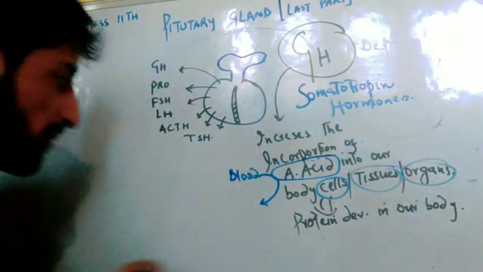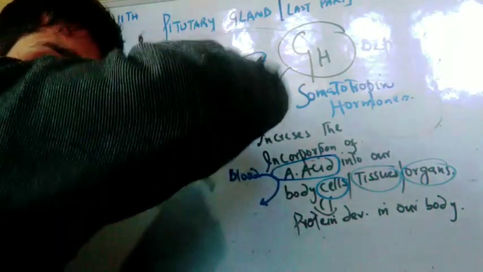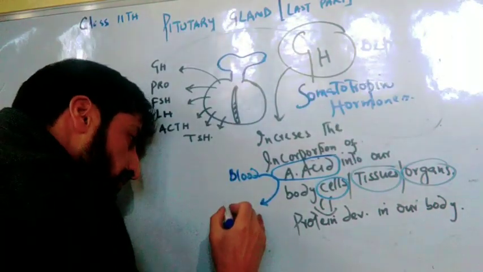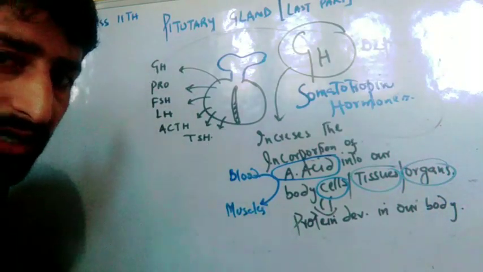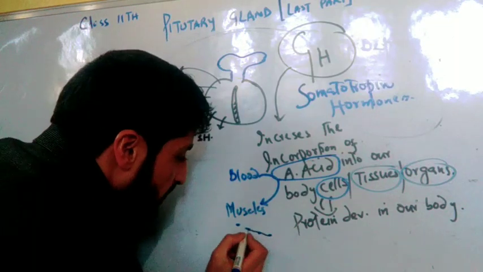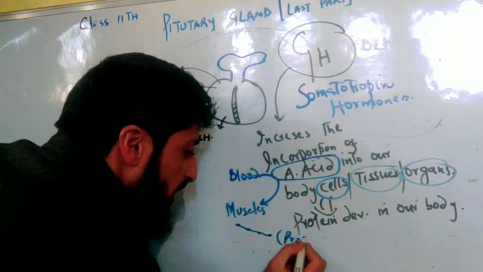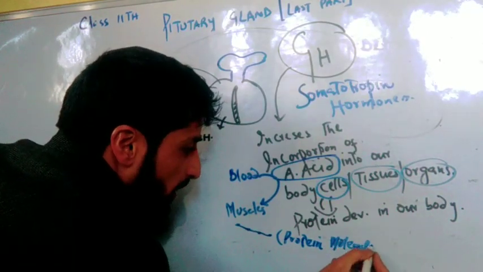For example, amino acids from blood are incorporated, or move, into our muscles. And in the muscles, amino acids unite together and form protein molecules.